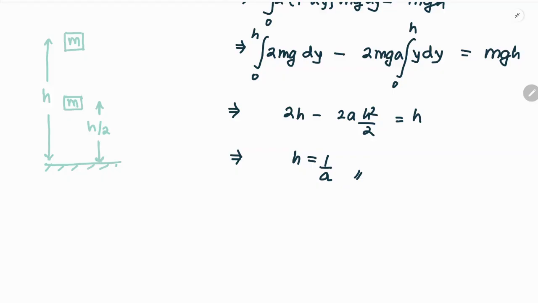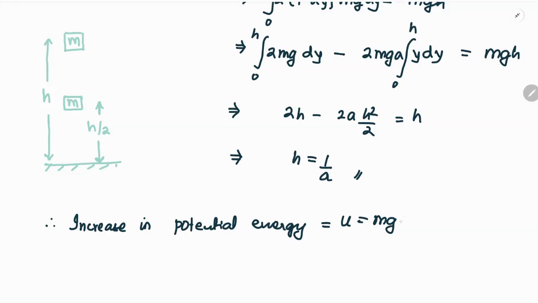Therefore the increase in potential energy U equals mgh, where h is equal to 1 by 2a. So we can write it this way.